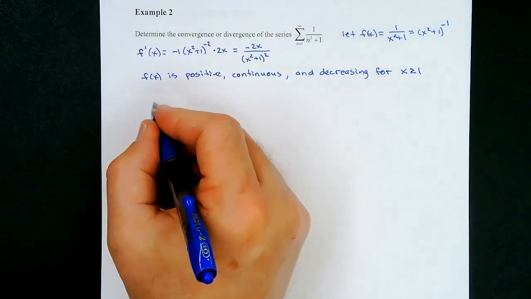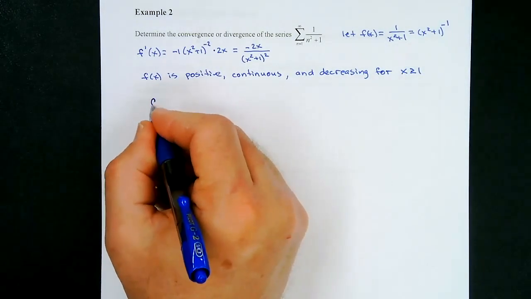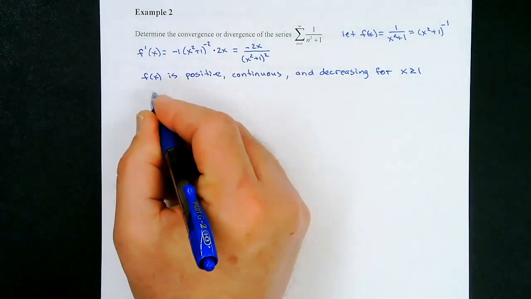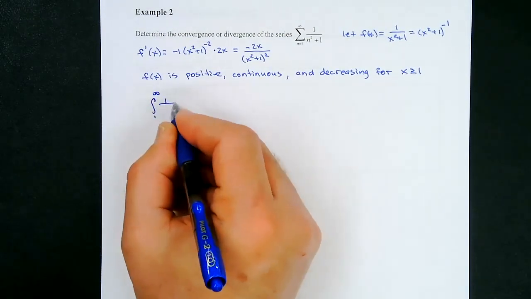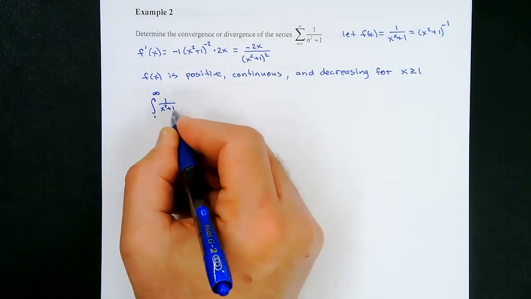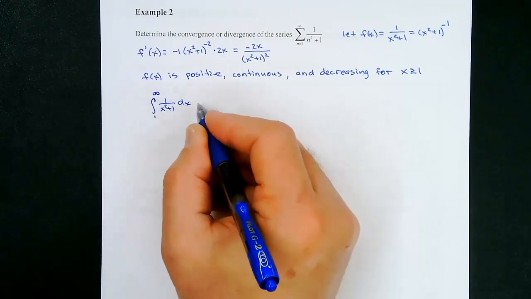Okay, so that means we can apply this integral test, right? So we're going to take the integral from 1 to infinity of our function, which is 1 over x squared plus 1 dx.